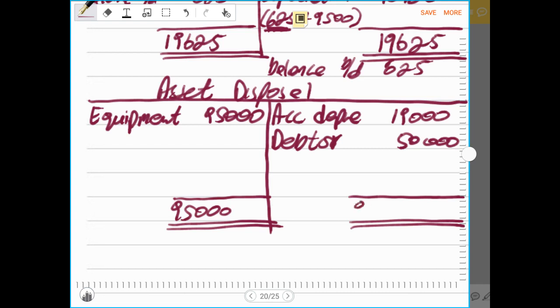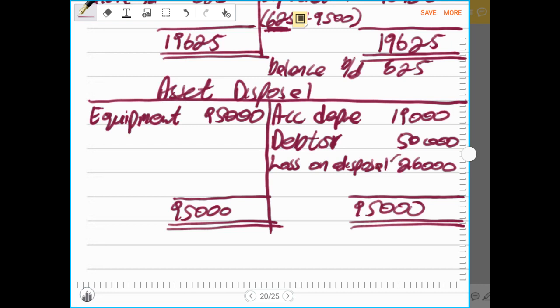You say 95,000 rands minus 19,000 rands minus 50,000 rands. Then that will give us 26,000 rands. So if the debit side is greater, the difference will go to the credit side as 26,000. Whenever the difference falls on the credit side, then you know that you made a loss on disposal of equipment.